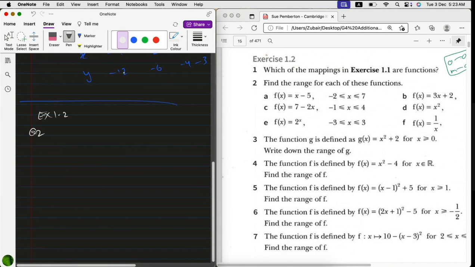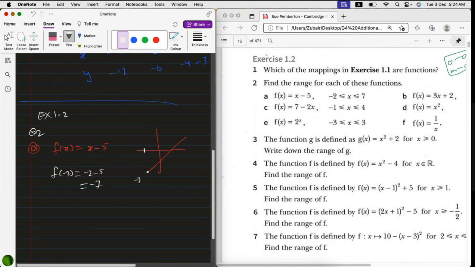When I look at the first one, f of x is equal to x minus 5. So I just know that it is linear and it would look like this. So the domain is given, -2 to 7. So at -2, I'm checking, f of -2 is -7.